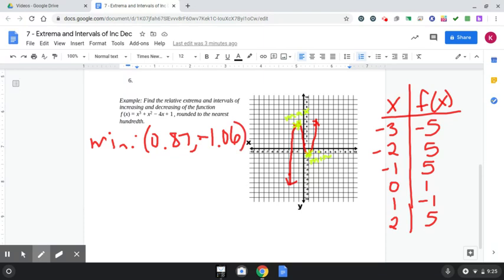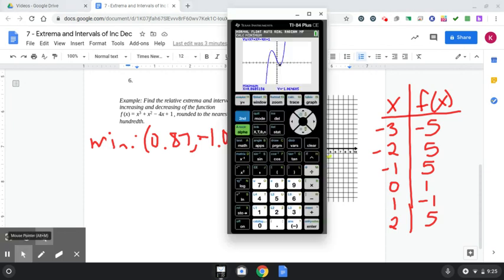Okay? Now we're going to do the same thing, but on the other point to find the maximum. So in your calculator, you will press second, calc again. Now we're looking for the max, so we press 4. So my cursor went to the minimum, so I'm going to move it all the way over to the max.